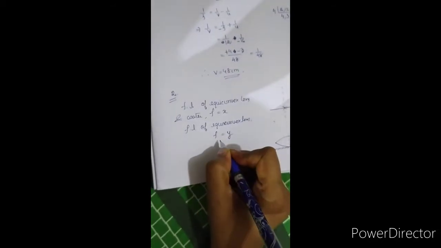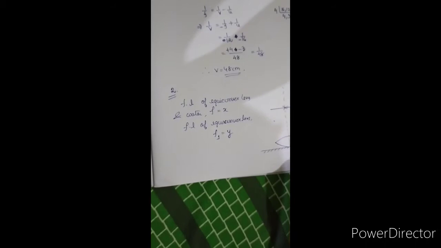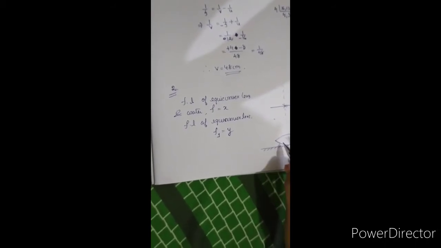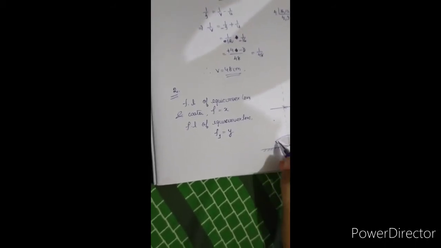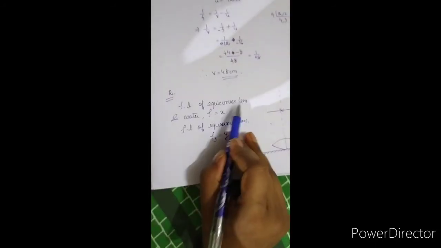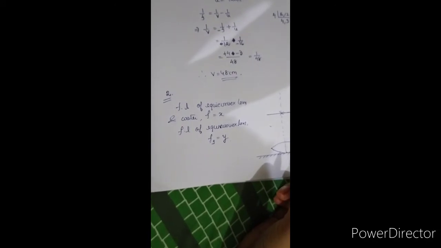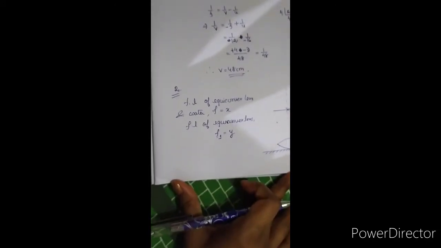Now I will write f1 will be equal to y. Means the liquid will be here. So liquid is my second lens, this is my first lens. Means the first lens, only the lens, is y. With this, I can say, it is the focal length of the equiconvex lens and water. I hope you remember we have studied the focal length of the combination of two thin lenses.